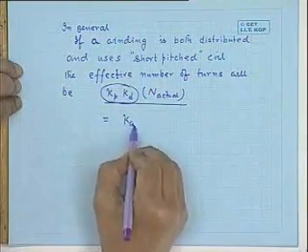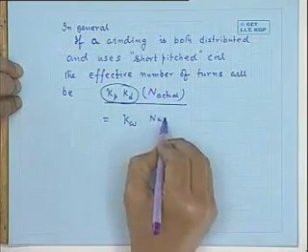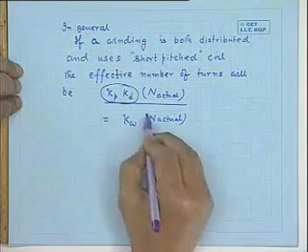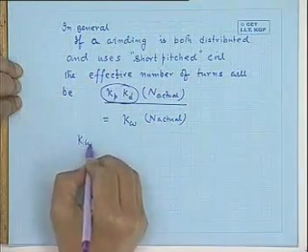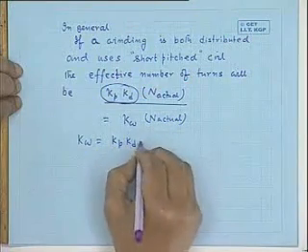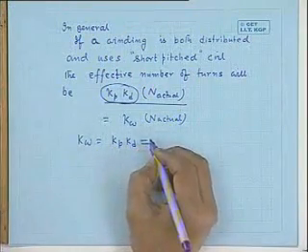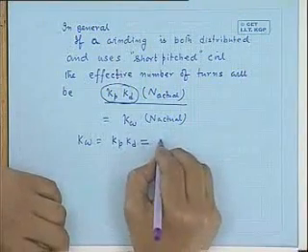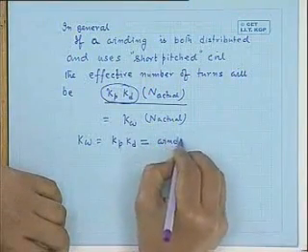This product Kp into Kd is sometimes called the winding factor, Kw, where Kw is Kp into Kd.